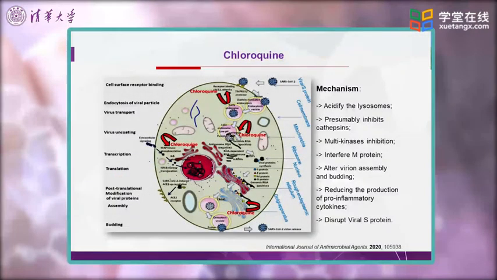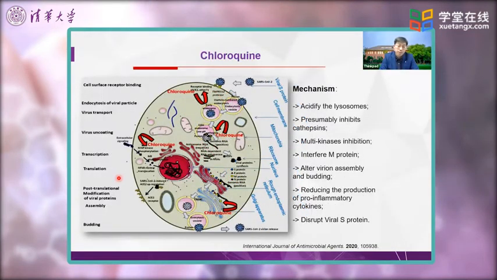In this paper, chloroquine has been discussed for its detailed mechanism. Actually, the true mechanism is quite complicated. It has been reported with different potential mechanisms, such as acidifying the lysosome.